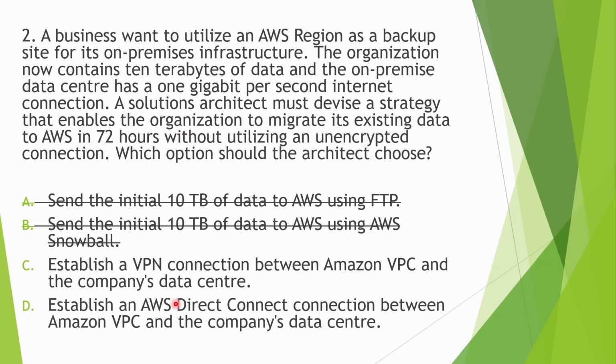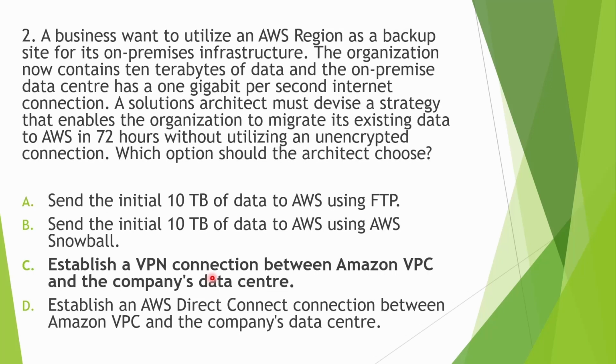Out of AWS Direct Connect and VPN, Direct Connect is not encrypted, VPN is encrypted. So we go with the answer: establish a VPN connection between Amazon VPC and the company's data center.